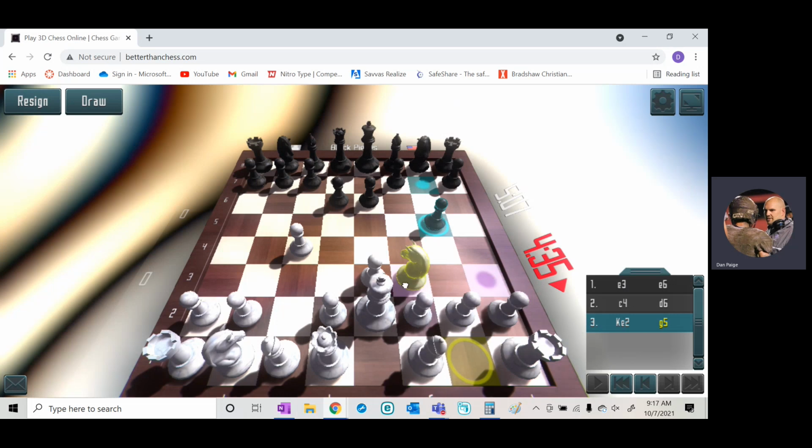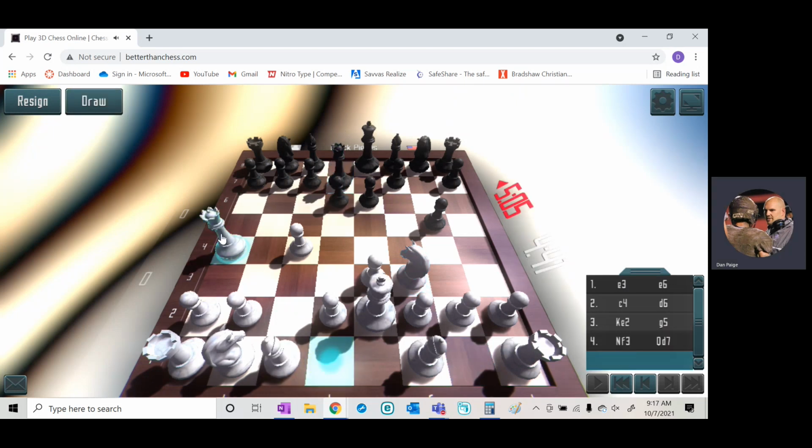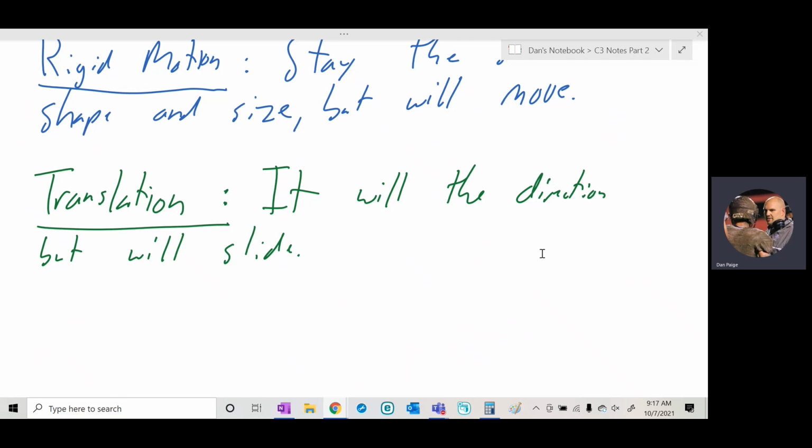They're staying the same shape. They're staying the same size. You're not twisting them around or anything like that. They're just sliding around. So that's an example of translation, right? How chess pieces move around, or how really almost any board game you play, that would all be translation. They're all sliding around.